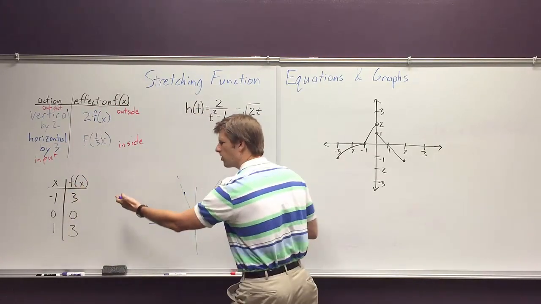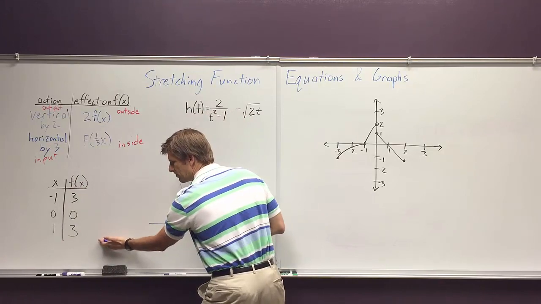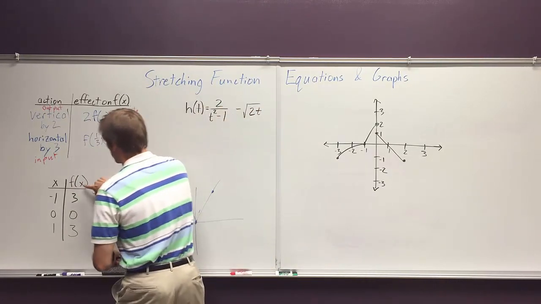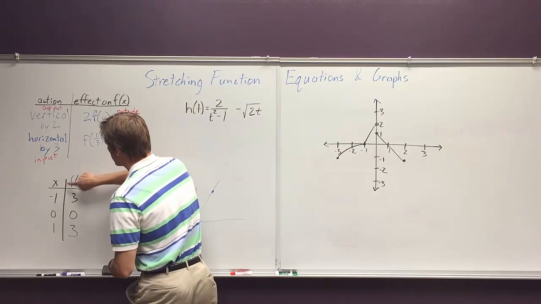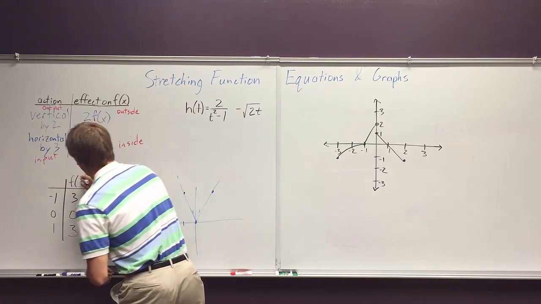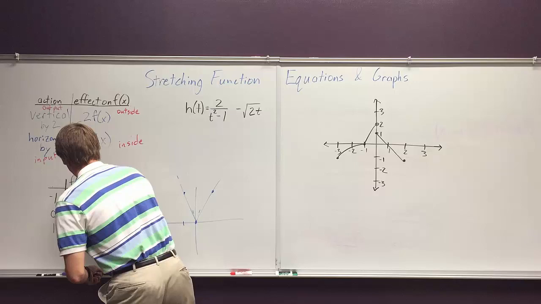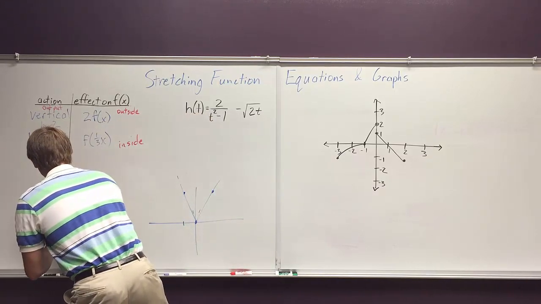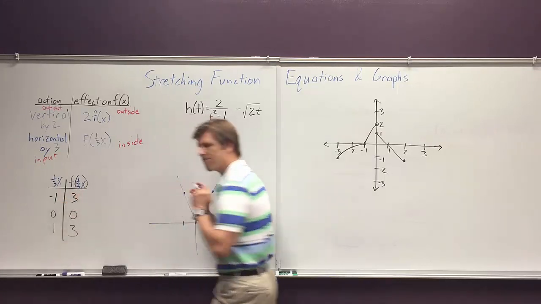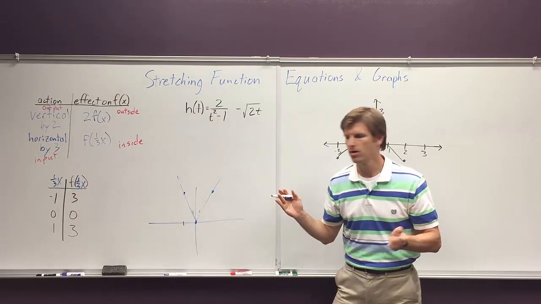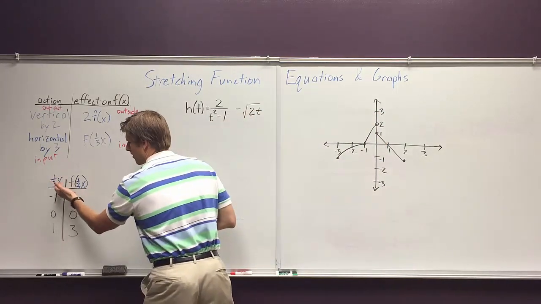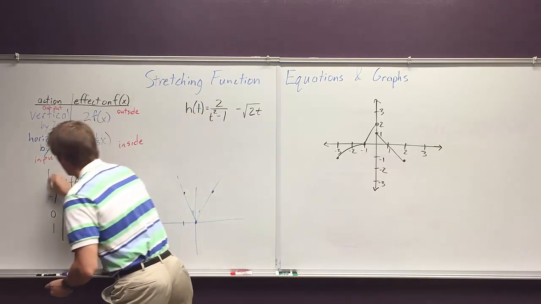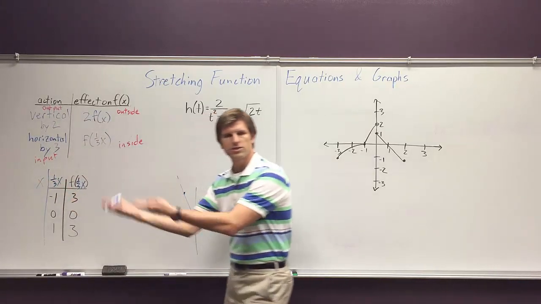So now, since you're working on the inside, you can't put another column here. What you actually have to do is say, well, what would happen if I put 1/3 x inside here? So if 1/3 x was -1, then f of 1/3 x would be 3. If 1/3 x was 0, f of 1/3 x would be 0. So then you've got to work backwards to the input.